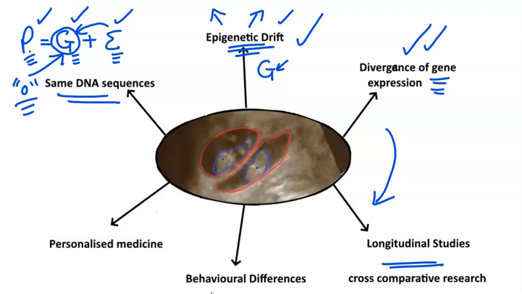Those differences exist not only at the cellular, biochemical, and physiological level, but they also occur at the behavioral level as well. The interesting thing about twin studies is that they also have implications in the personalization of medical treatment, which is at the forefront of medical research at the moment.